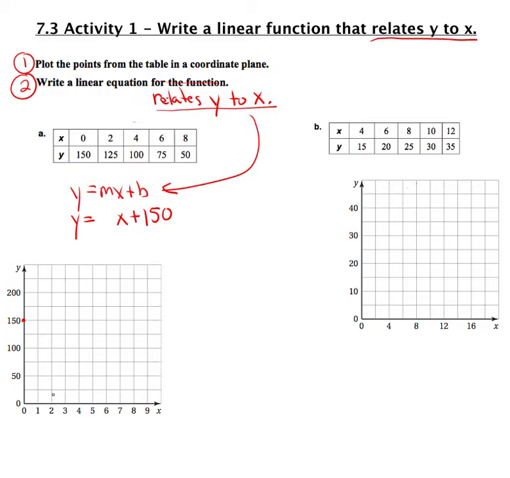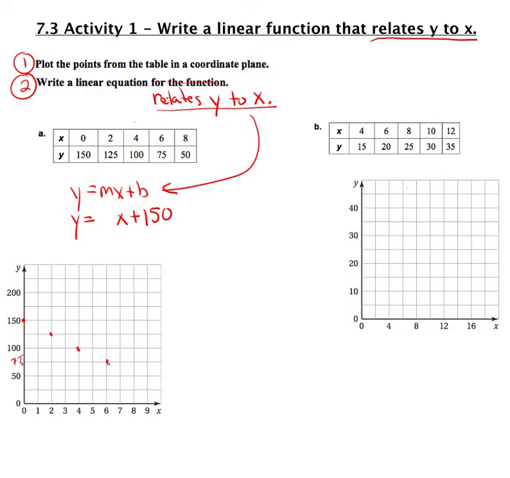So my next point is 2, 125, 4, 100, 6, 75, and it sort of looks like it's going down 1, but remember, it's not down 1, it's down 25, because this is a 75 down to a 50.